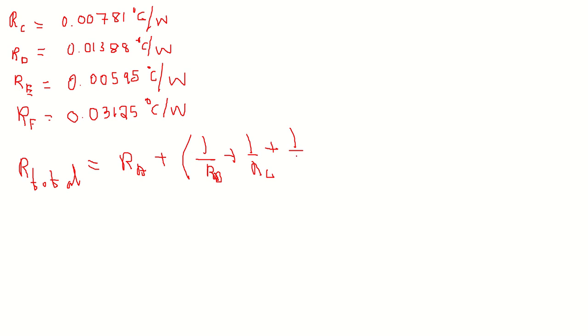Two RCs are there. C is twice. Okay, raised to minus 1 plus 1 over RD and RE, which are parallel, raised to minus 1 plus RF.